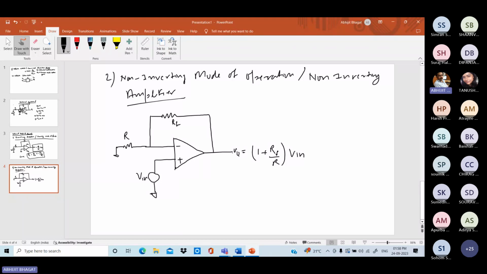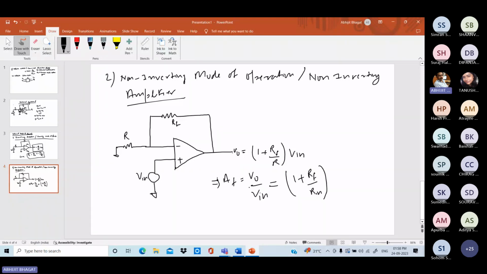So output voltage V0 is equal to 1 plus RF by R times Vin. You can see your gain depends on the input resistance and feedback resistance. Here the gain of the op-amp is AF equal to what? Output by input, V0 by Vin. Gain is output voltage by input voltage, and it is equal to 1 plus RF by R. This is the gain of the op-amp.